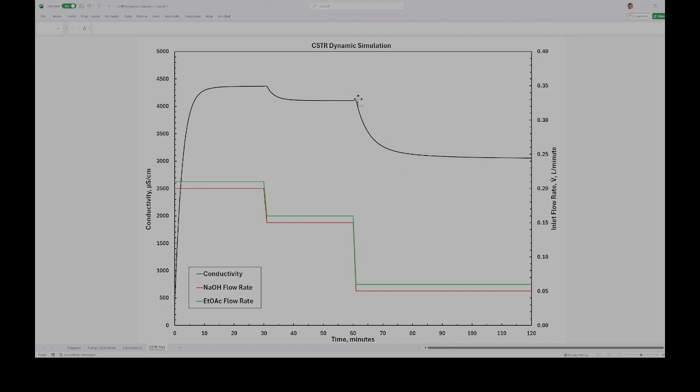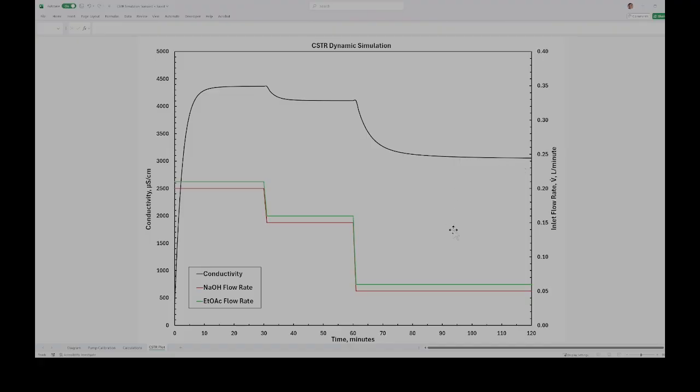And so even at 60 minutes, we're not quite there at steady state, but we can see how changing the flow rates going in will affect the concentration of sodium hydroxide and sodium acetate formation during our CSTR run.